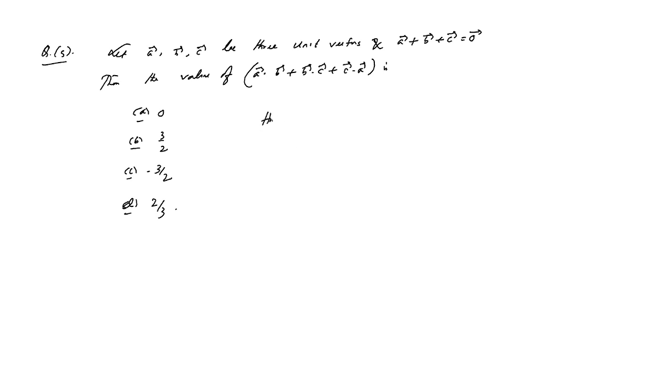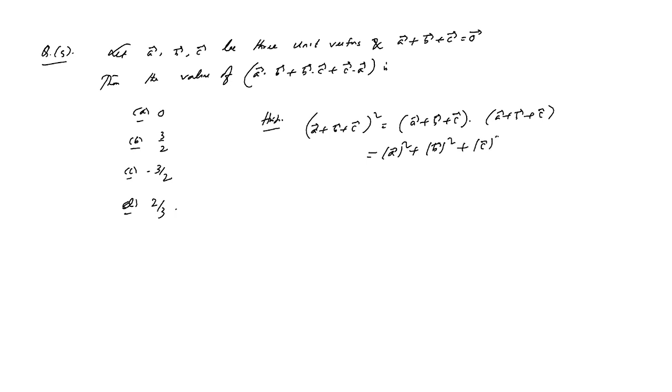So I will give you the hints. A plus B plus C, that whole square, equals A vector plus B vector plus C vector dot A vector plus B vector plus C vector. If we use the distributive law, this is basically A vector magnitude square plus B vector magnitude square plus C vector magnitude square plus 2 times (A dot B plus B dot C plus C dot A).